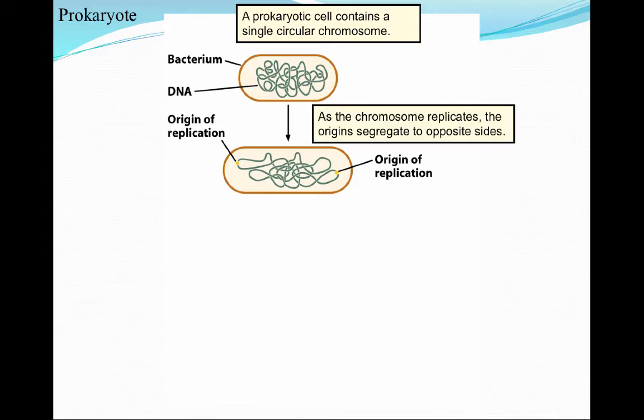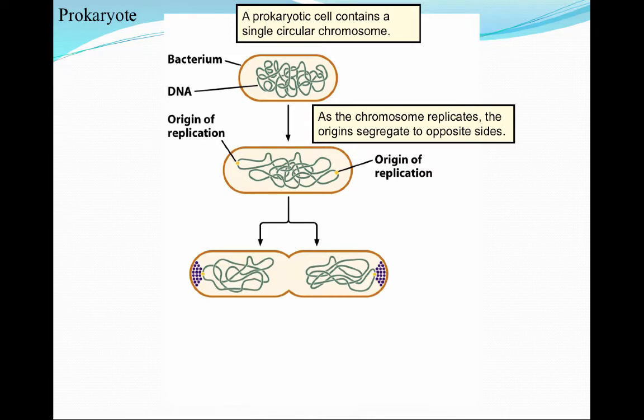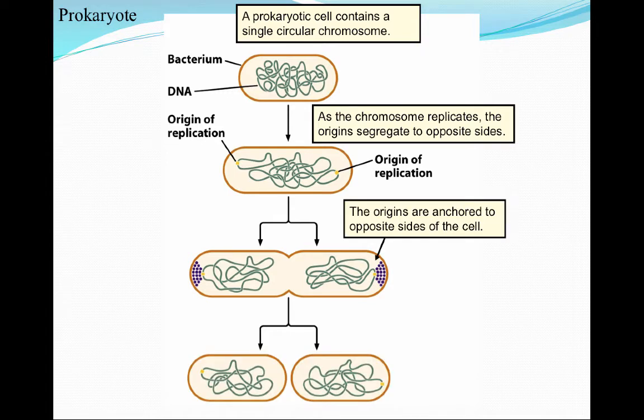Those origins of replication are then going to begin to segregate to opposite sides of the cell. And there are proteins that are helping them do this, like you see those purple little dot things down in that last structure. And those origins of replication are going to help the bands of DNA separate from one another and form two new cells.